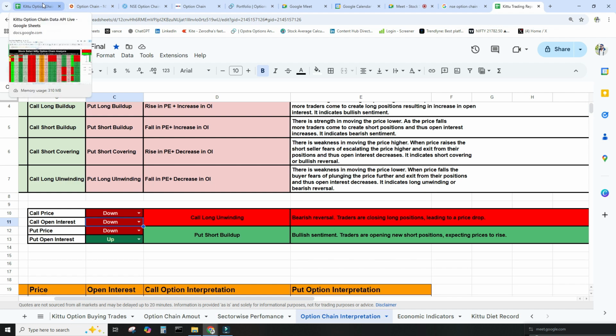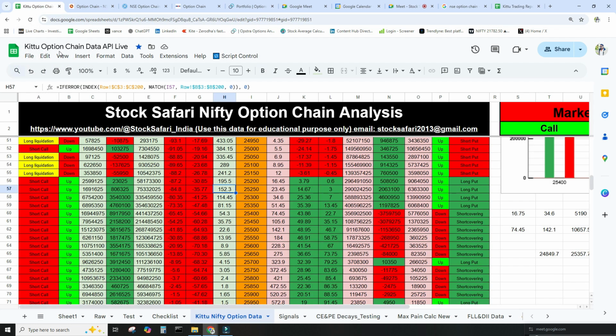So I can see this kind of option in this area. If you see here at 25,150, the price is decreasing and the open interest is also decreasing. People are completely squaring off their positions. They don't have much belief that this price is going to sustain.